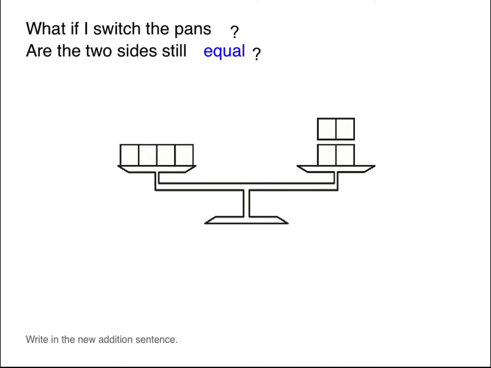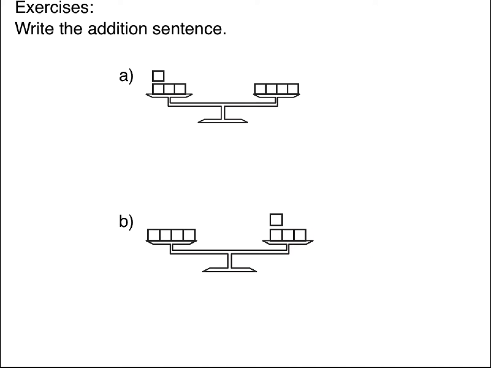If I switch it to the other side, it's still 4 is the same as 2 and 2. See, 1, 2, and 1, 2. 4 is the same as 4. 2 plus 2 is the same as 4. Because math always makes sense.